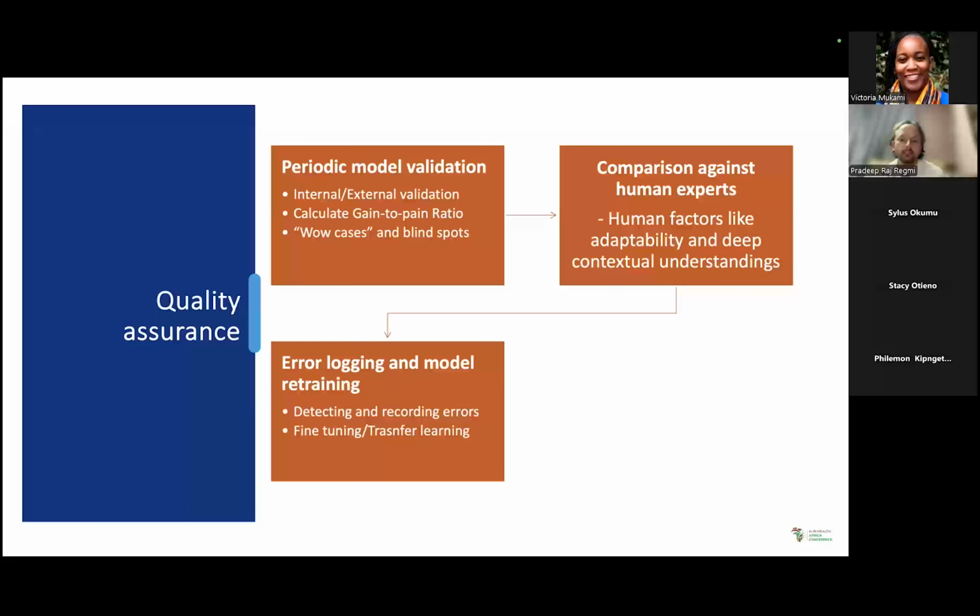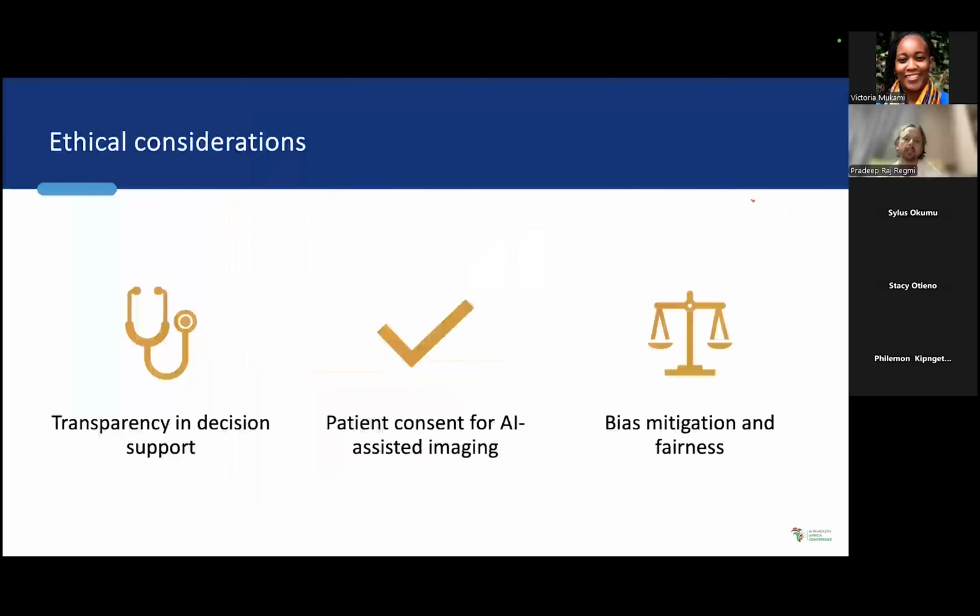And the detected and recorded errors can be pulled together, and fine tuning or transfer learning can be done. So with these things we can assure the quality of AI products for daily interpretation of the AI models.